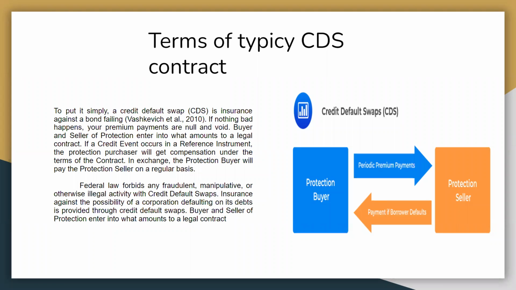In exchange, the protection buyer will pay the protection seller on a regular basis. Federal law forbids any fraudulent, manipulative, or otherwise illegal activity with credit default swaps. Insurance against the possibility of a corporation defaulting on its debts is provided through credit default swaps. Buyers and sellers of protection enter into what amounts to a legal contract. Next slide, please.